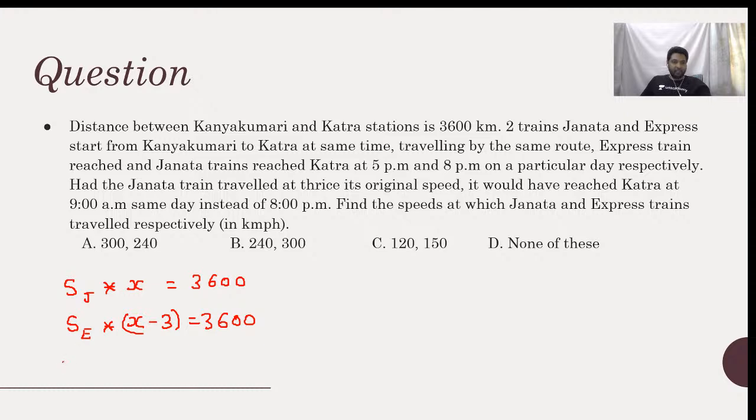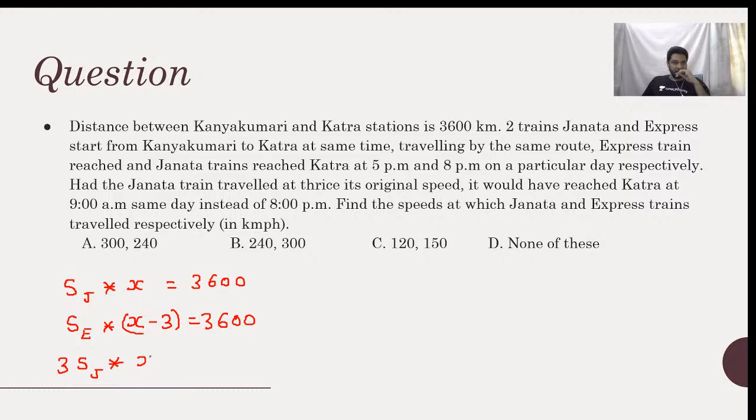Instead, if Janata had travelled at thrice its initial speed, that is 3 Sj, into, instead of reaching at 8 p.m., it would have reached at 9 a.m. itself. That is, 8 p.m. to 8 a.m. would have been 12 hours, so 11 hours.